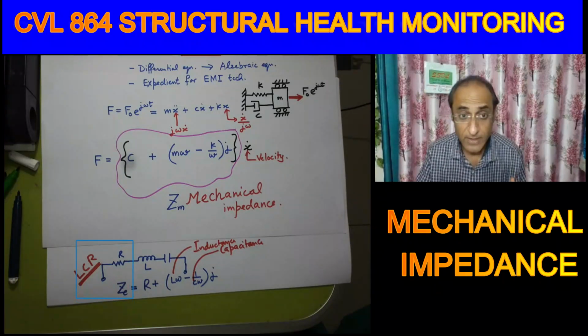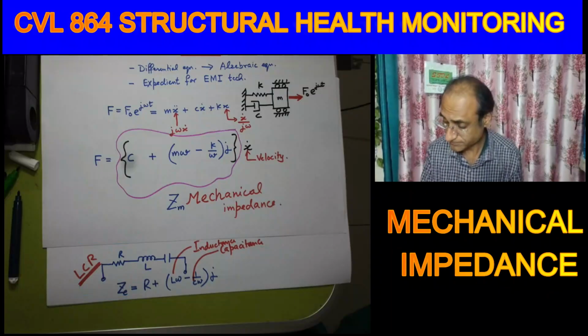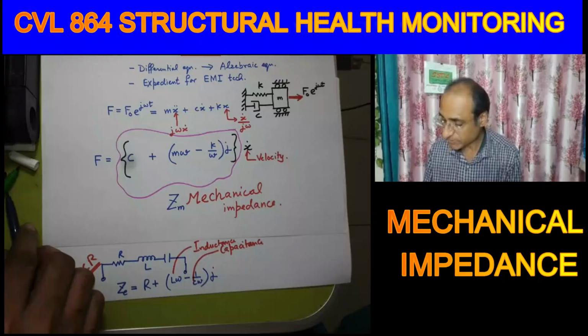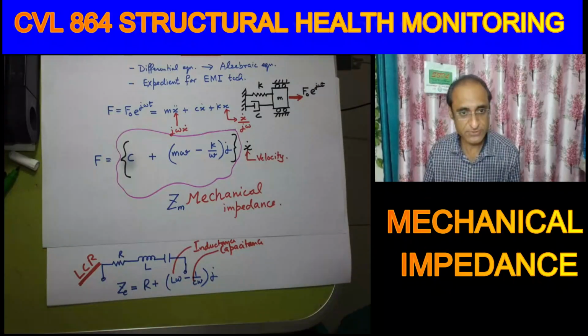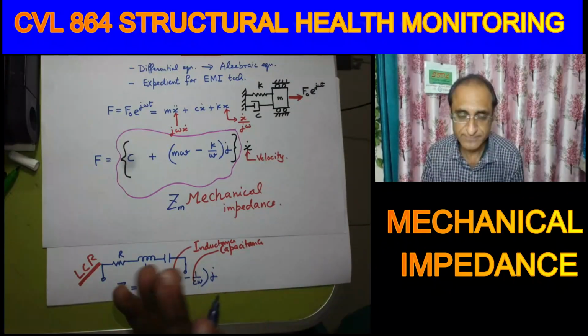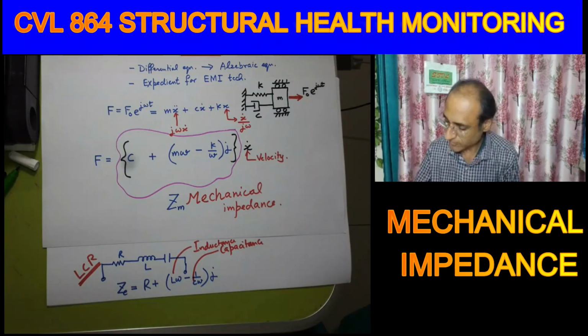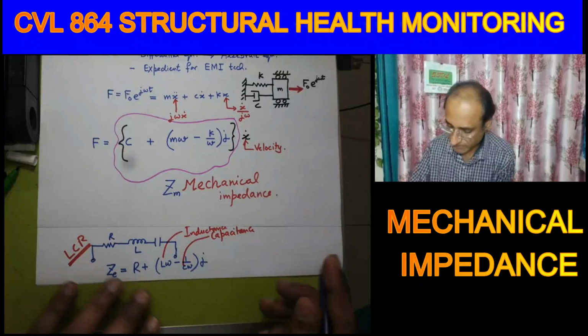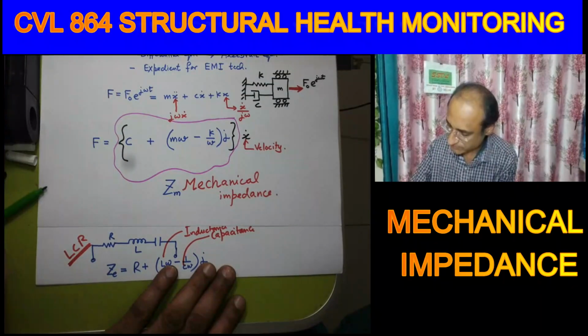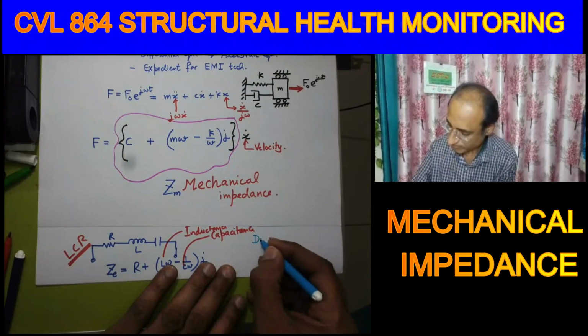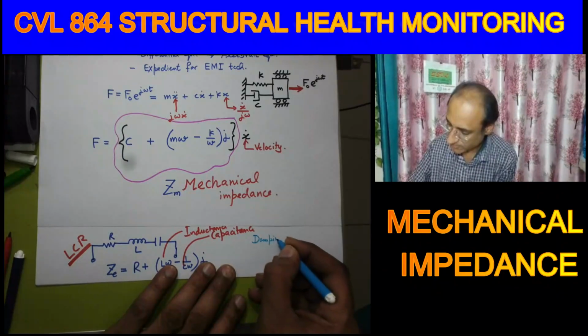So in the mechanical domain, your damping is very much like your resistance. It is the dissipative component. Alright. So your damping, I am just writing here, damping is equivalent to resistance.